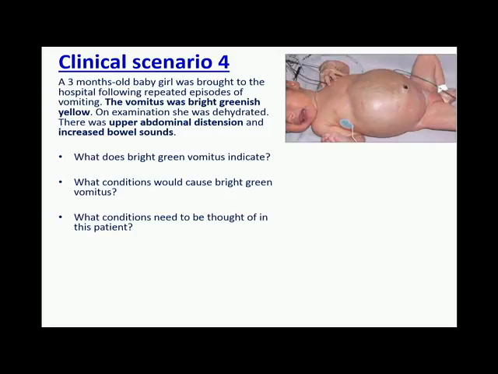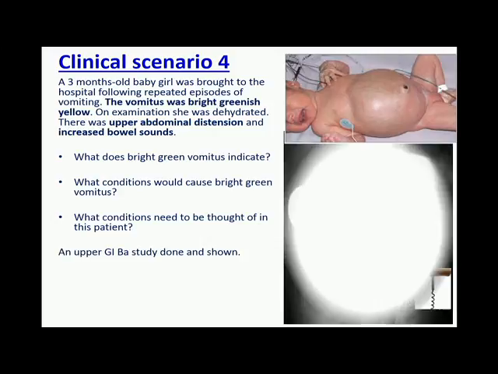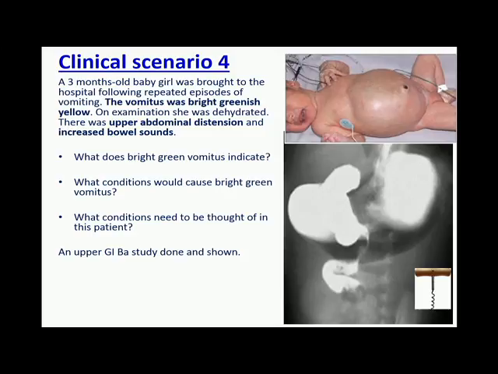Atresia of any part of the intestine, or probably atresia of the duodenum. The duodenum is atretic, obstructed, not developed. There's obstruction beyond the second part. Any congenital obstruction beyond D2, close to D2, can cause that. So an upper GI barium study was done.